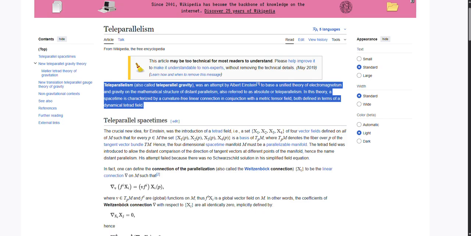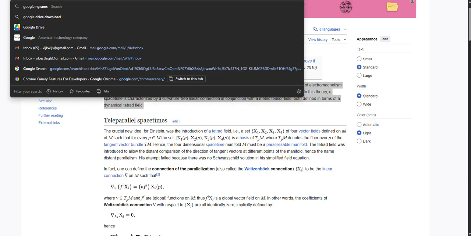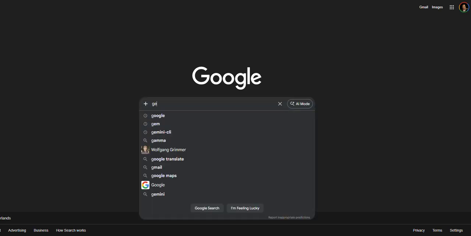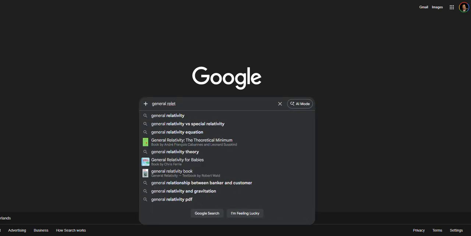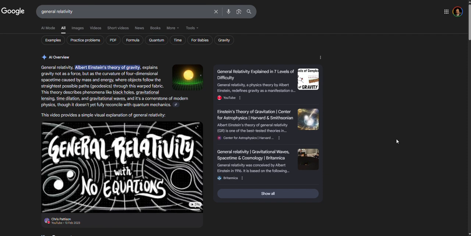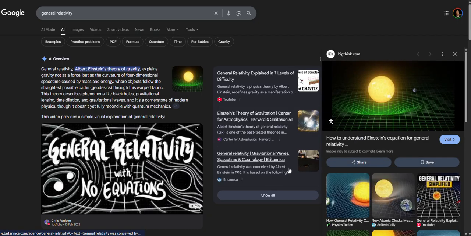We can go here and we can just type in general relativity. Perplexity, so politically correct, I really don't like it anymore. Yeah, now here, boom. Here it is, the trampoline.